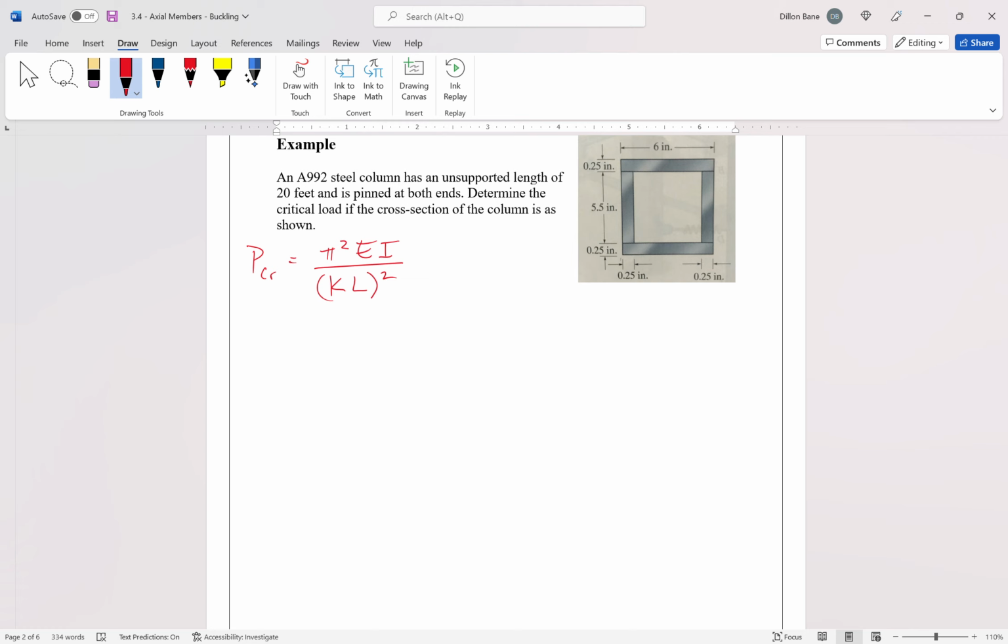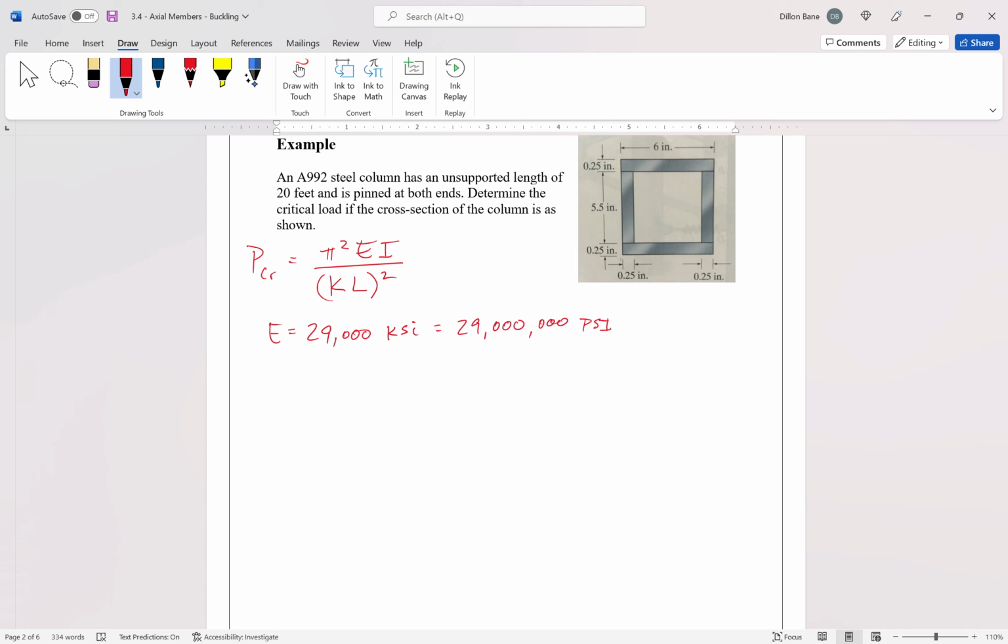We've been given the material. It's A992 steel. Modulus is 29,000 KSI, right? 29,000 kips per square inch. Also, if you want to write it in PSI, that's 29 million PSI. Add an extra 3 zeros on it to convert the kips to pounds in the units. So 29,000 KSI or 29 million PSI.